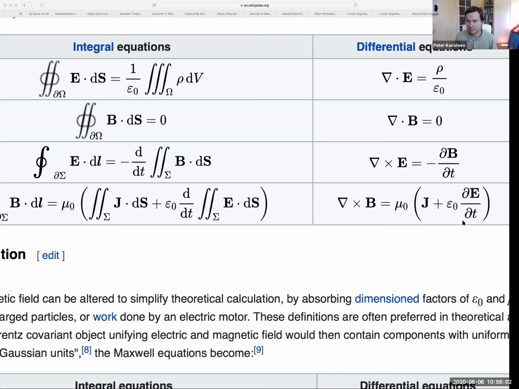So they look almost symmetric if you swap magnetic and electric fields, except that there are no magnetic charges, and the displacement current only appears in one of the equations.